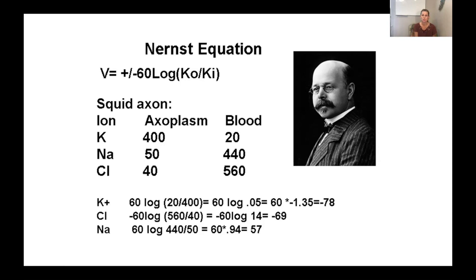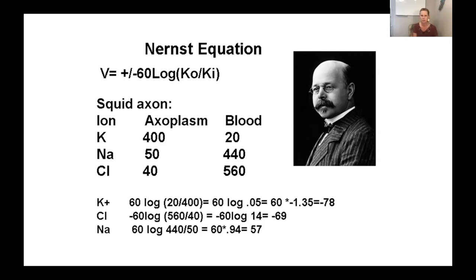This is Nernst here, who came up with this model and put it out there for what he thought was happening in terms of the differential distribution of these ions on either side of the membrane in the squid giant axon. It is a model that can predict the voltage based on the concentration of charges on one side of the membrane versus the other side for one particular ion at a time.